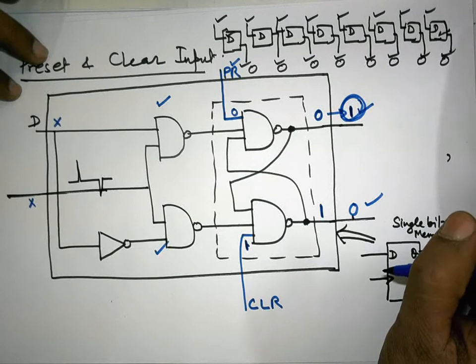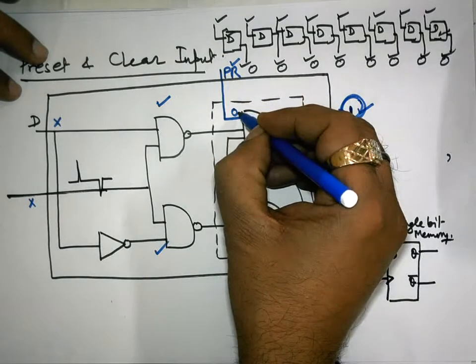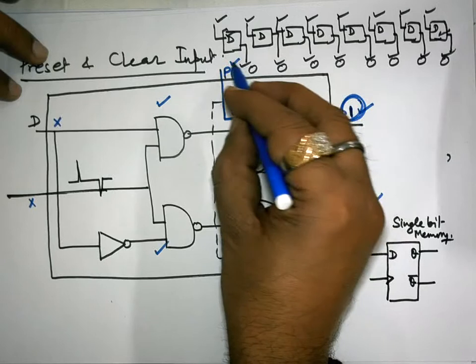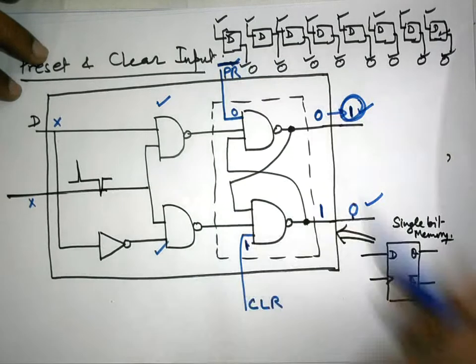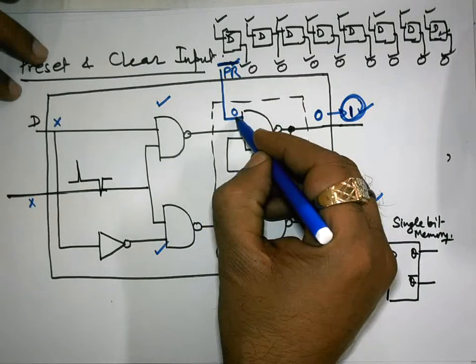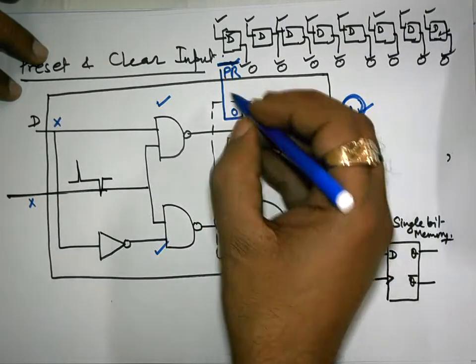It is going to set the output. And when you are applying 0 at the preset, this means this preset is an active low input. Then when this preset becomes 0, this circuit sets.